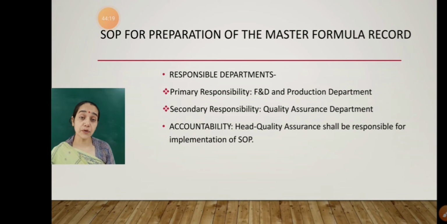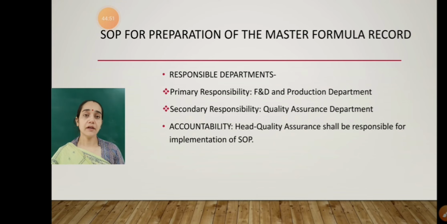No. First of all, the SOPs will be prepared, and these standard operating procedures will be utilized by the individuals who are going to prepare the master formula record, for the writing of the master formula record.